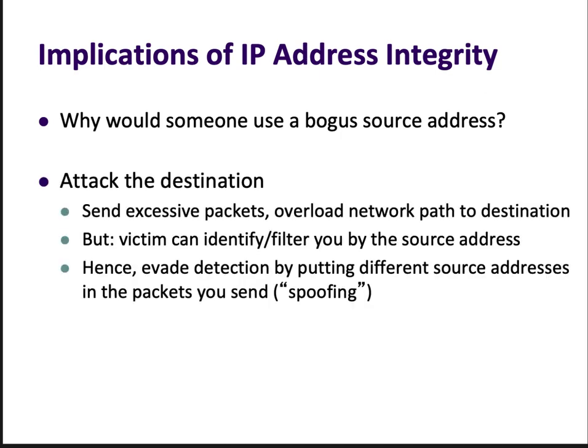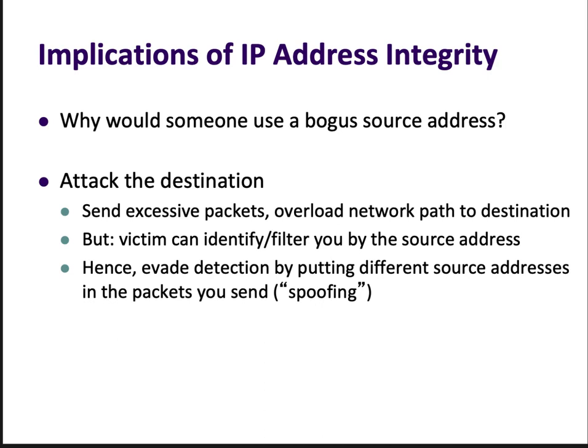So the most common reason people do this is, let's say you want to attack a destination. Let's say I want to send tons and tons of packets to Alex and overwhelm his machine and crash it. The minute Alex is under attack, what is he going to do? He's going to tell his ISP, hey, someone's attacking me, you need to put a filter in your network and drop that traffic. The most natural filter is, all these packets coming from Sylvia, she's attacking me, drop all traffic coming from Sylvia.